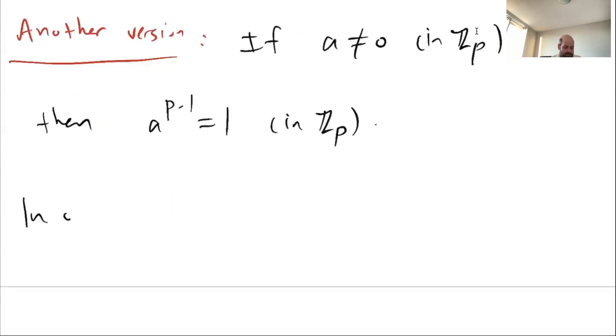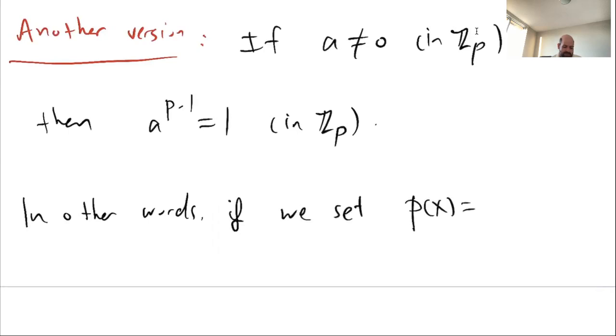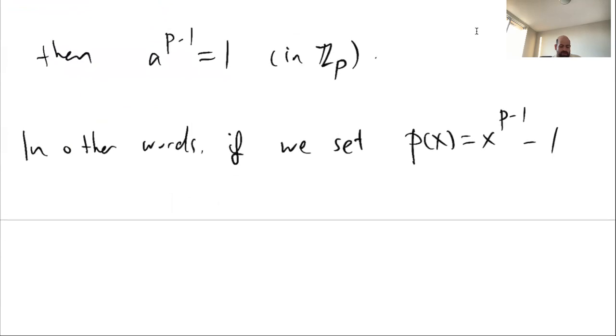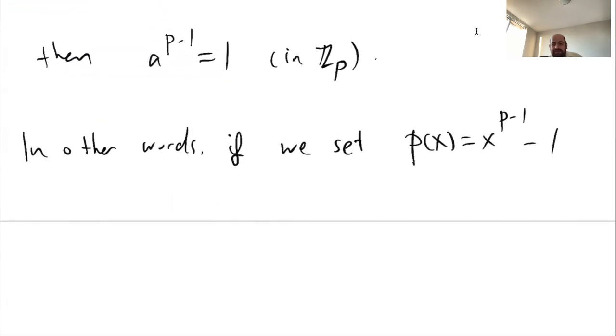So in other words, if we set P of x equals x to power P minus 1 minus 1, then what are the roots of this polynomial as a polynomial in ZP?